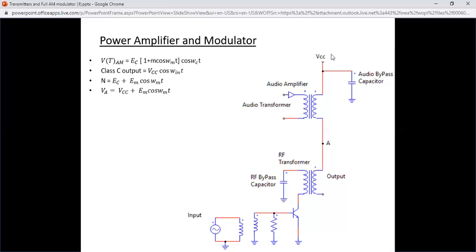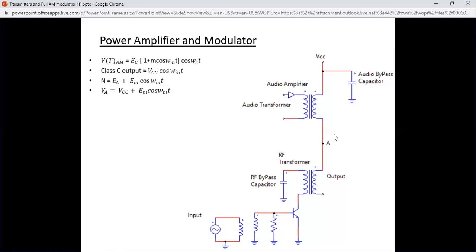So the voltage at the audio transformer or node A is equal to VCC plus EM cosine omega mt. Therefore, the output voltage is equal to this voltage multiplied by cosine omega ct.